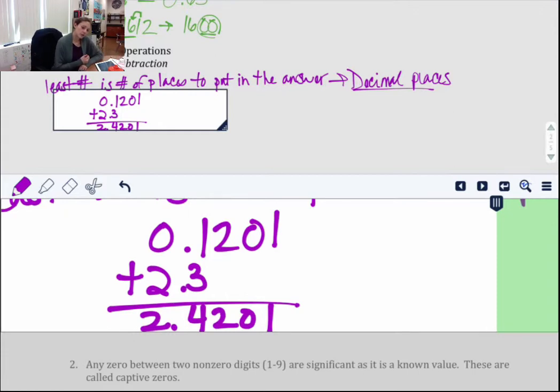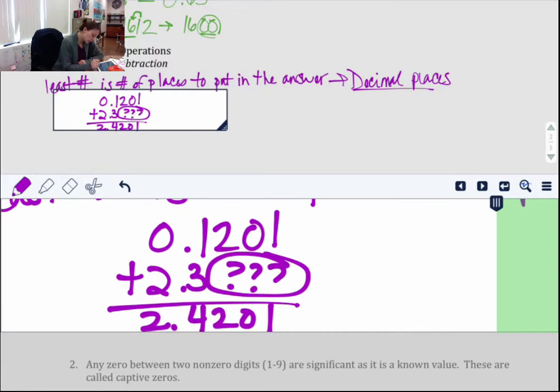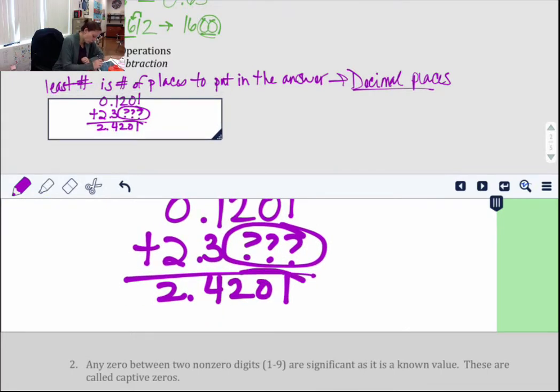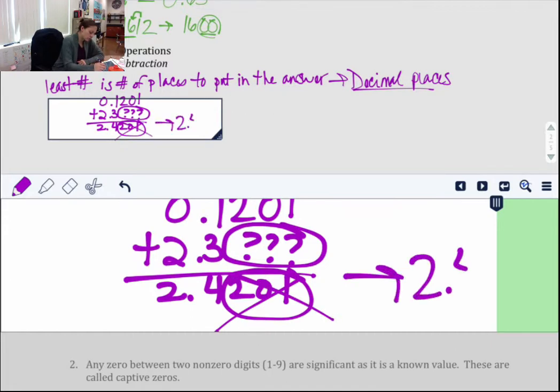Well, how significant figures work is that if you have absolutely no idea what numbers go here, there's no way you can put those in your answer. So even though your calculator will tell you that it's 201, that's because it had nothing to add it to. But these are not significant. The answer here would be 2.4, because that is all you know about. You cannot add a number you have no idea what it is to a number you know and get out an answer that you know. That doesn't make any sense.